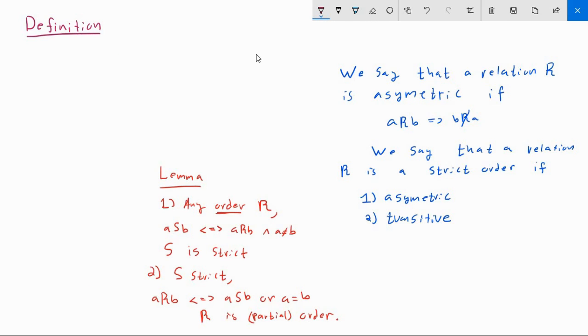Another essential definition for us is going to be that of comparability.